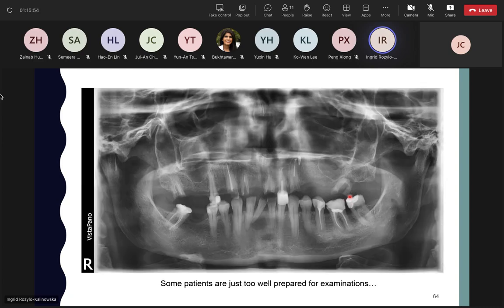And some patients are just too well prepared for examination, and this patient was unbelievable. I didn't show you this one in our seminar. It was absolutely amazing because when she came for radiography, she offered the radiographer that she would take out her bridge, her fixed denture. And my radiographer was puzzled because fixed denture means that this is fixed and you don't remove it for radiography.